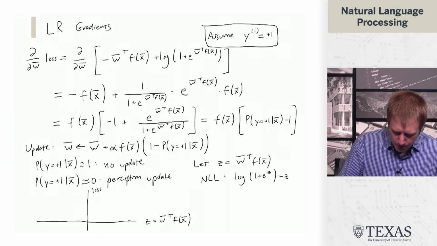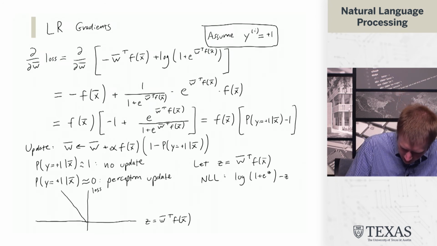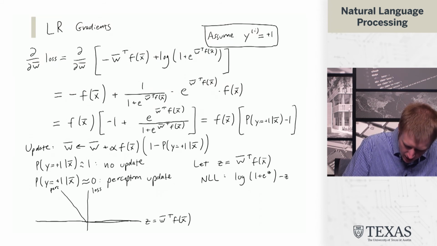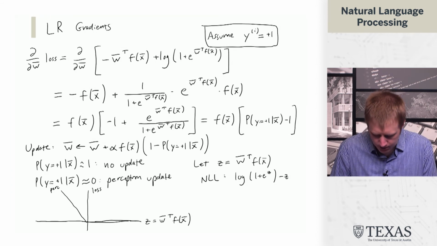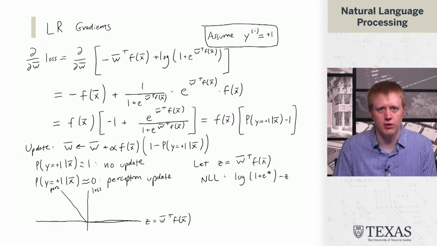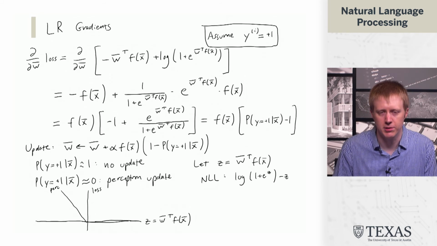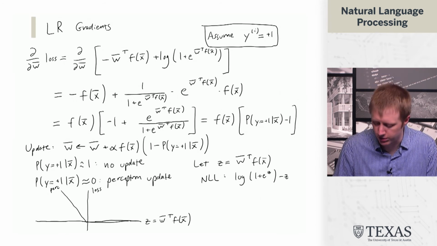And so previously we saw that the perceptron had a structure that looked like this. It has this hinge-like behavior where it's 0 when the value of z is positive, when the prediction is correct, and otherwise it has this y equals minus x sort of structure.